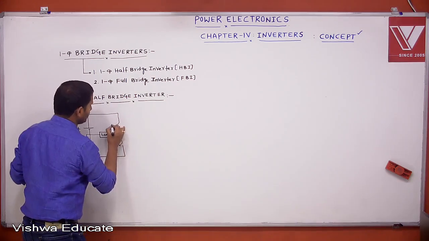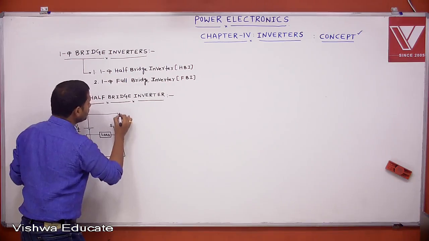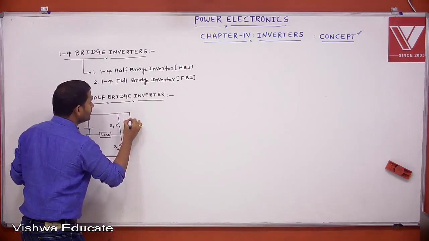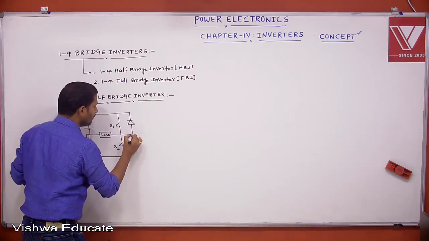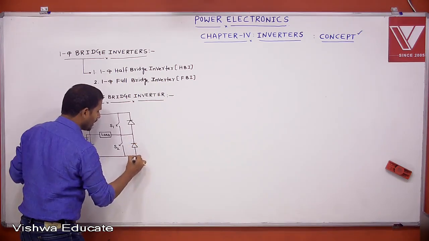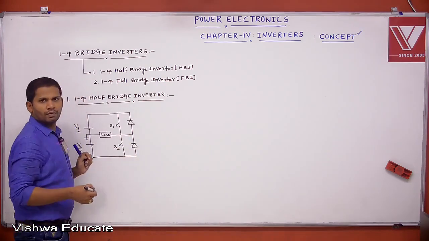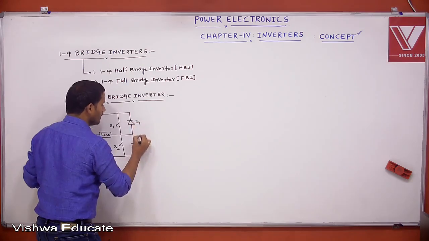Let this be S1, S2. I told already, in a voltage source inverter we are also using feedback diodes. Voltage source inverter requires the feedback diodes. This is D1 and this is D2.